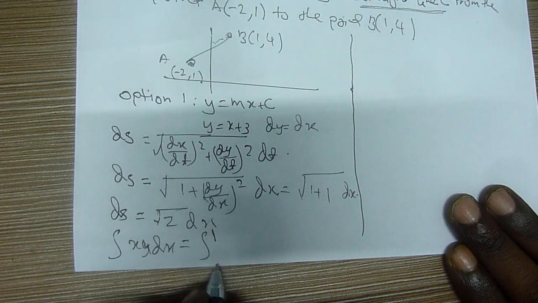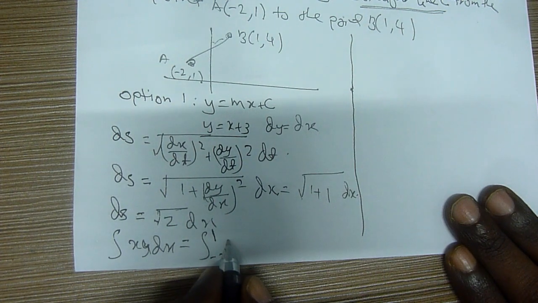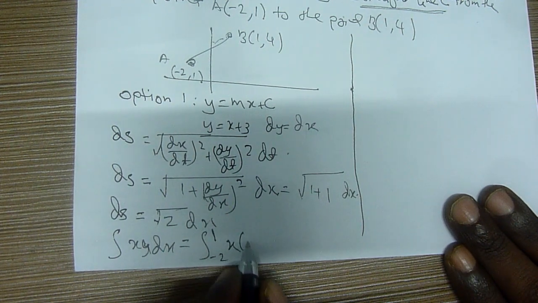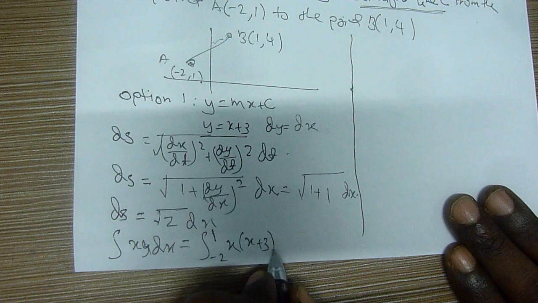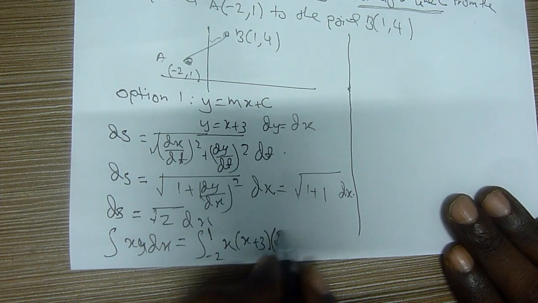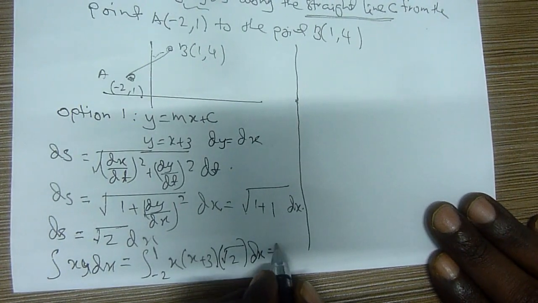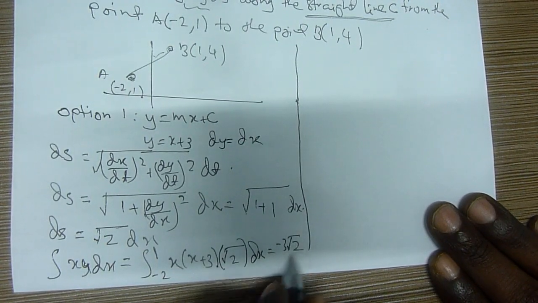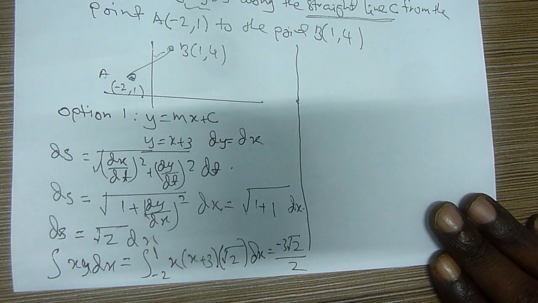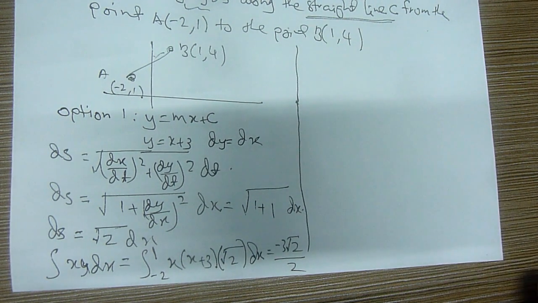Therefore you see the integral from negative 2 to 1 of x times (x plus 3) times square root of 2 dx. Please solve, you will get the answer. Okay, option 2.